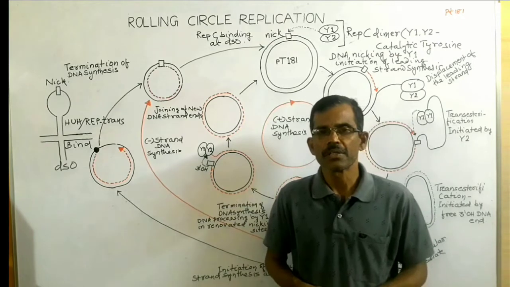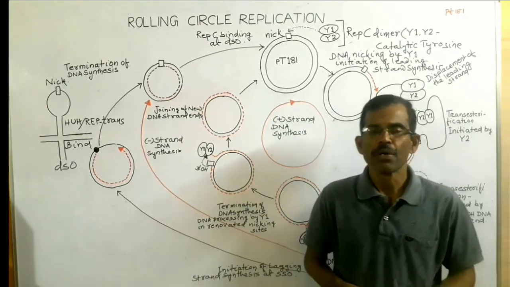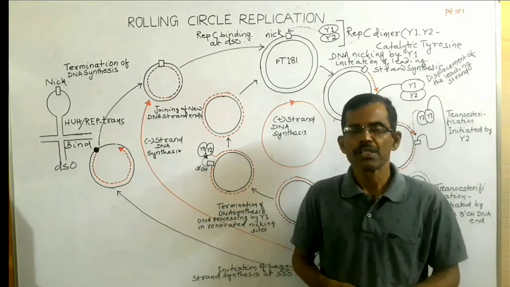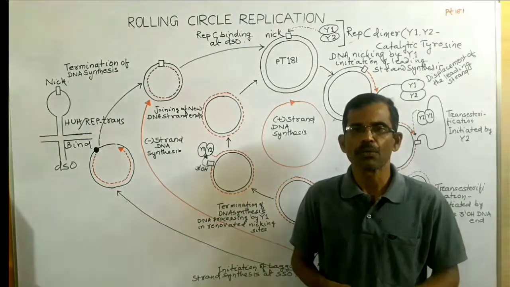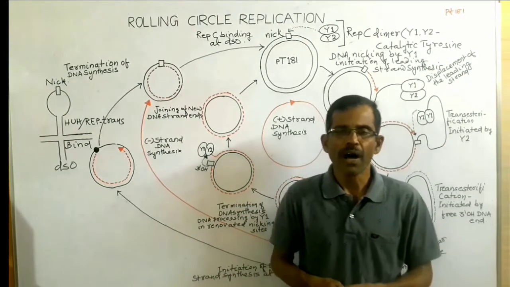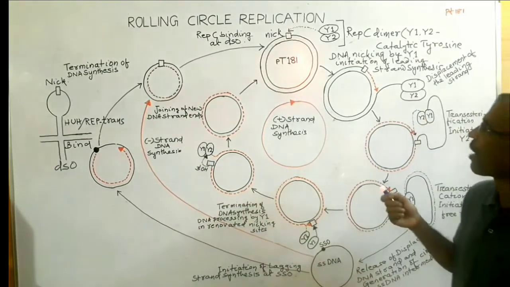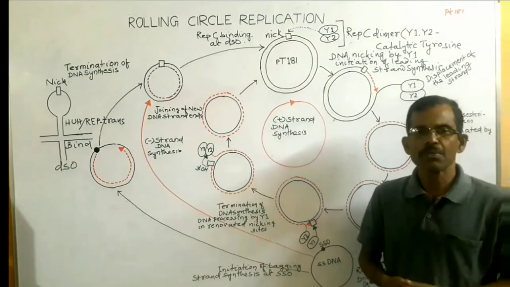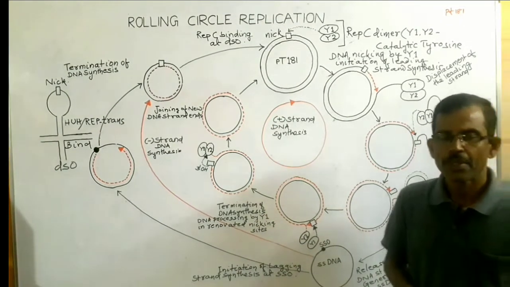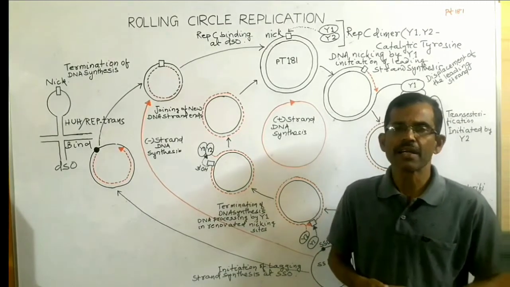The double-stranded origin is required for the initiation of replication of the leading strand, whereas SSO is meant for initiation of synthesis of the lagging strand. In both ΦX174 and the plasmid pT181, the double-stranded origin contains two different sites. These two sites are the nick site and the bind site.